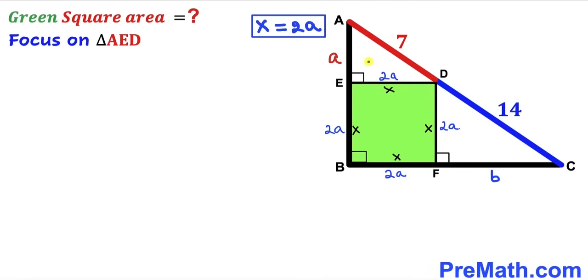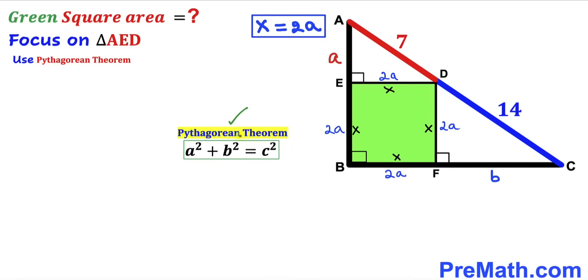Here's our next step. We are going to focus on right triangle AED and apply the Pythagorean theorem: a square plus b square equals c square.